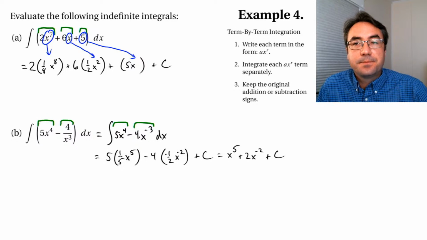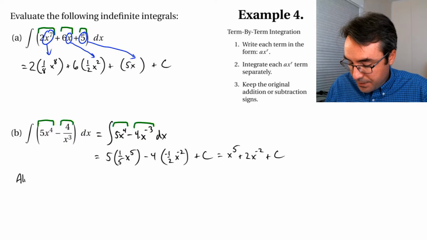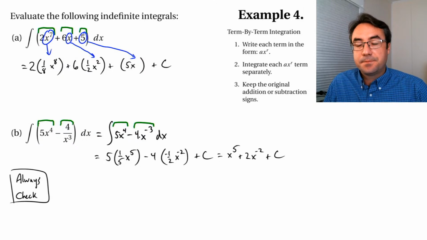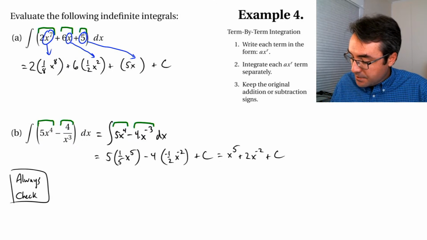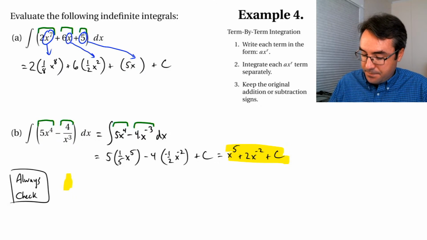And the nice thing with integration is you can always check your answer. So how do you do that? Well, let's take our answer right here, and we're going to differentiate it.